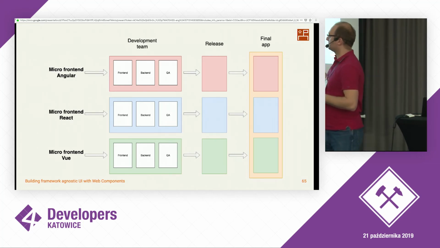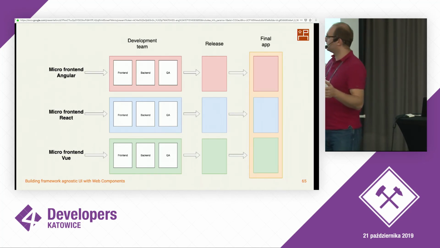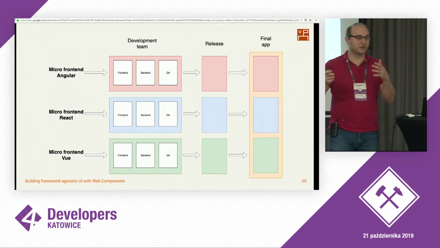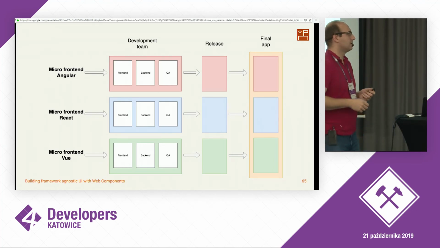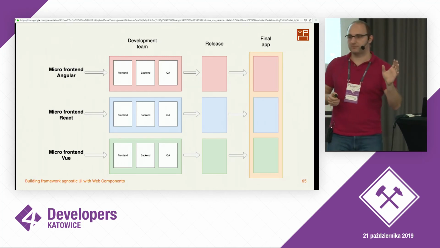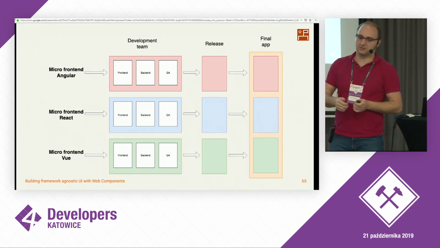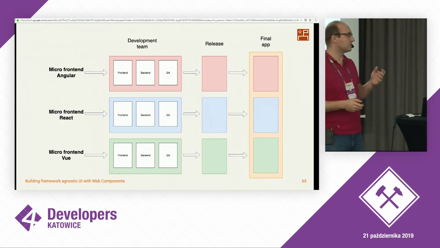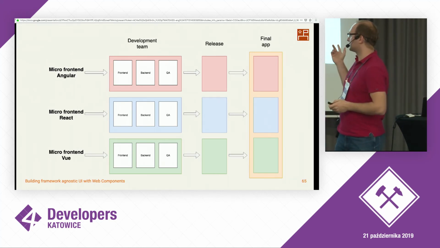Micro frontend React is responsible for building, for instance, advertisement widgets, and the micro frontend Vue team is responsible for building application navigation. So each team can decide that they want to use that particular framework, and they keep the continuous integration and deployment on their own without looking at the other teams.